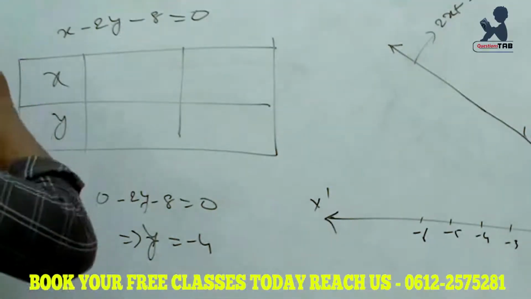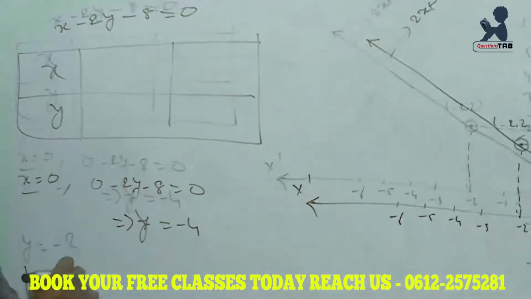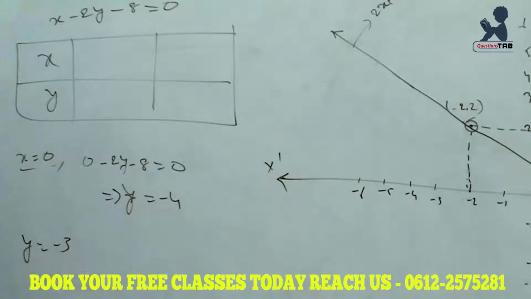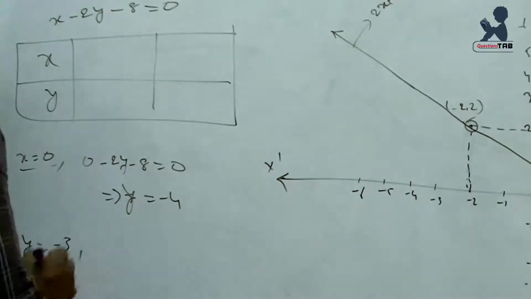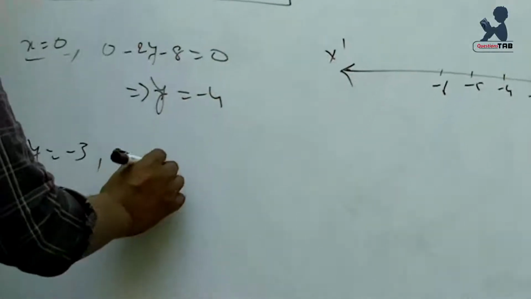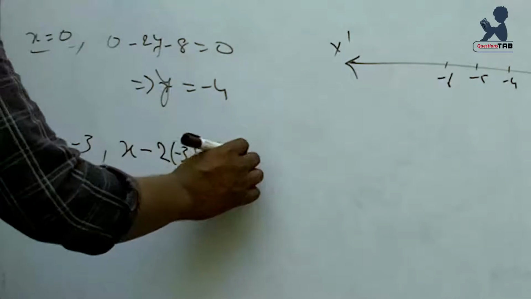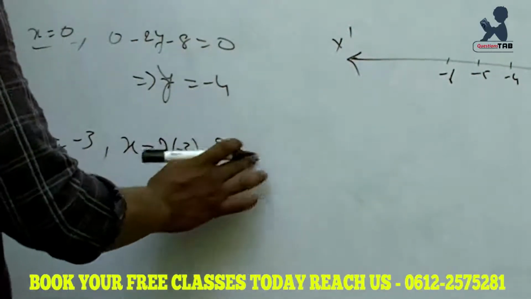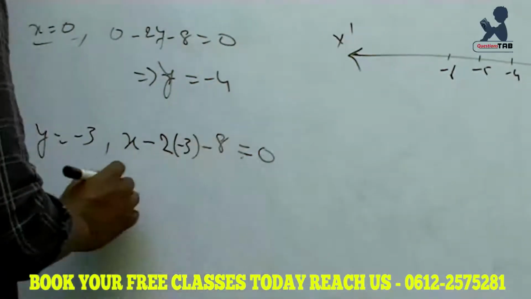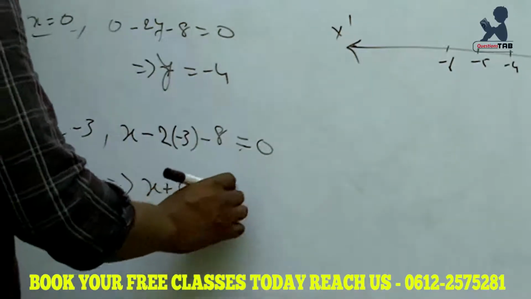The second one, take y equals minus 3. If we take y equals minus 3, we get x minus 2 into minus 3 minus 8 equals 0. So we get x plus 6 minus 8 equals 0.